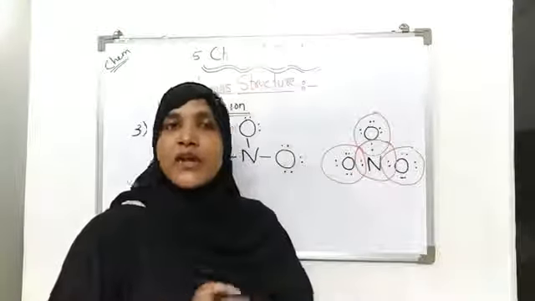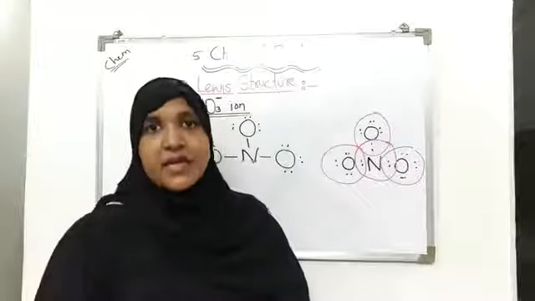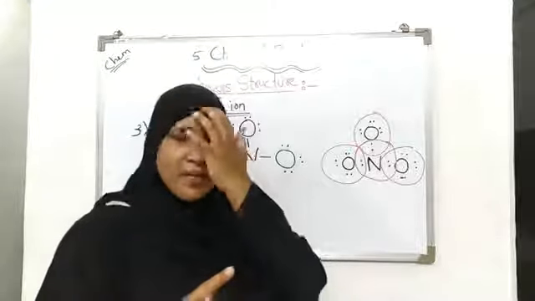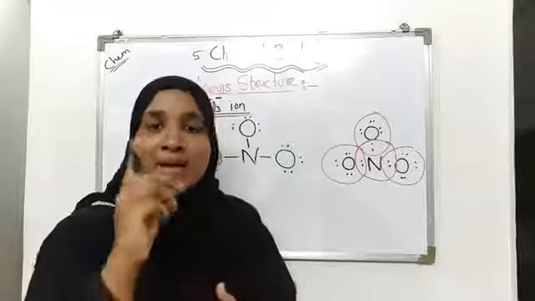So octet of nitrogen is incomplete. So whenever this happens, we always make what? Multiple bond. So let's make multiple bond.